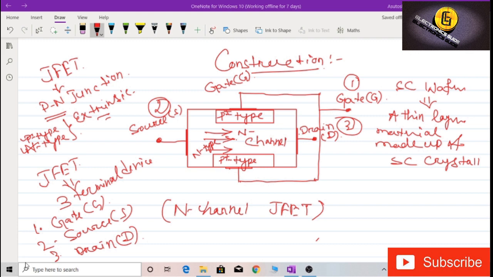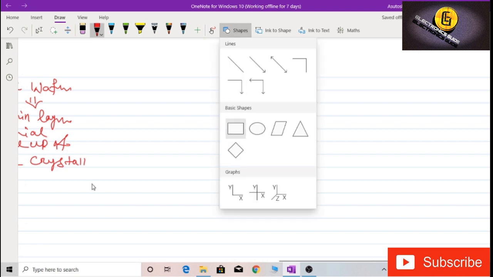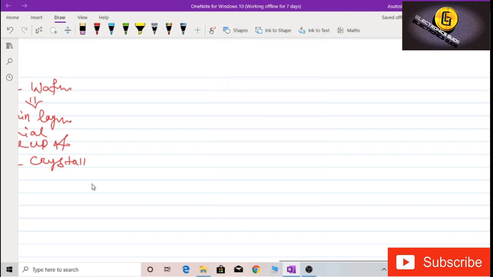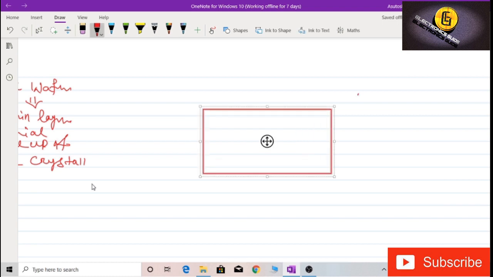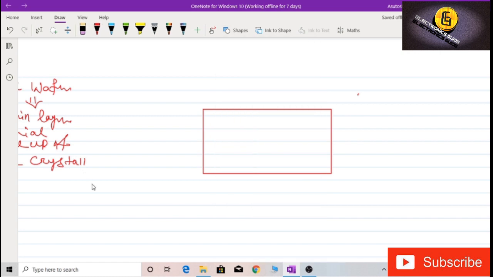Similarly, we can also manufacture a P-channel JFET by using a P-type semiconductor as substrate and N-type semiconductor as gate region.